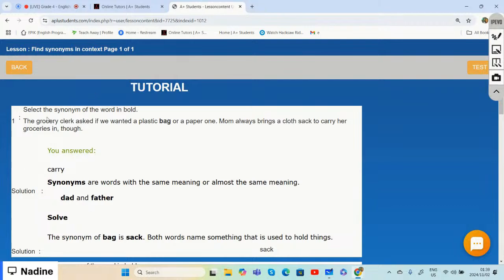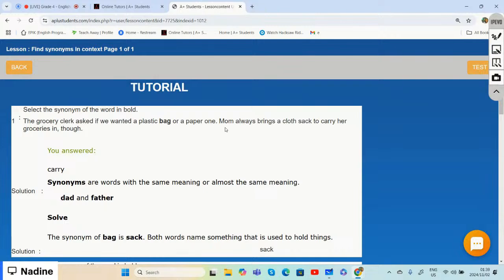It says, the grocery clerk asked if we want a plastic bag or a paper one. Mom always brings a cloth sack to carry her groceries in, though. What is another word that is the same as or almost the same as bag?